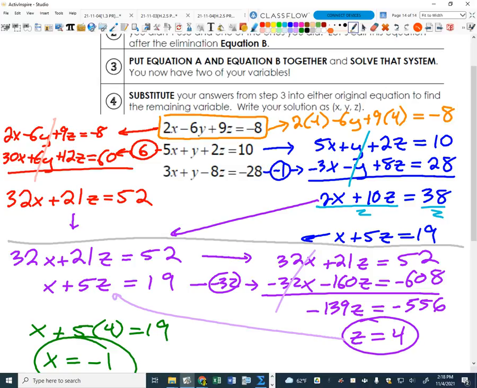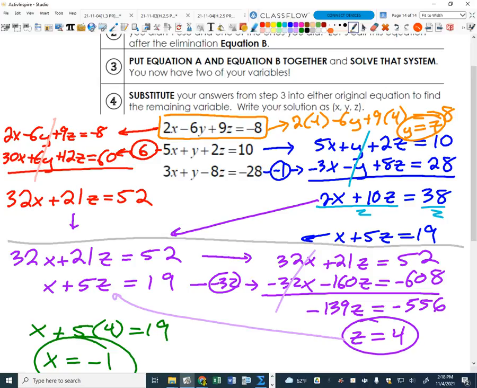So what's that give us? We got 36 minus 2 is 34. So 40. I'm going to get negative 6y equals negative 42, right? So this gives us y equals 7. And we got it. We got our ordered triple.